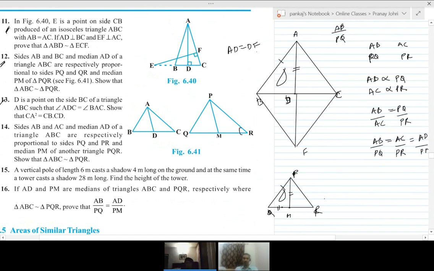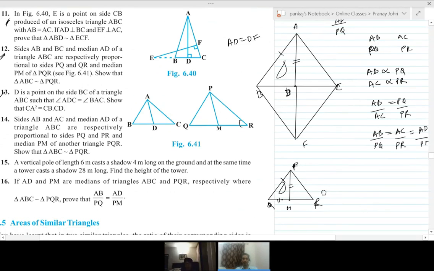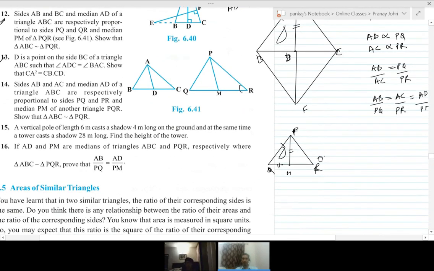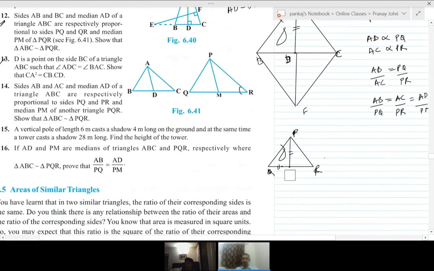Now if this is the case, what would that help? And similarly in this one also, we extend this median.